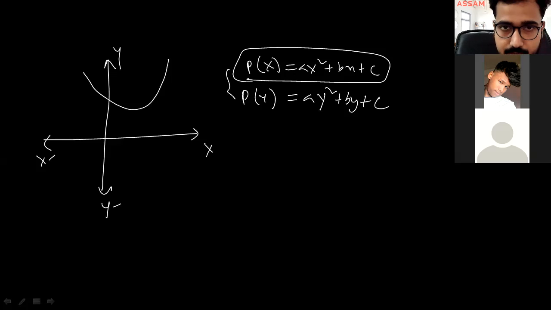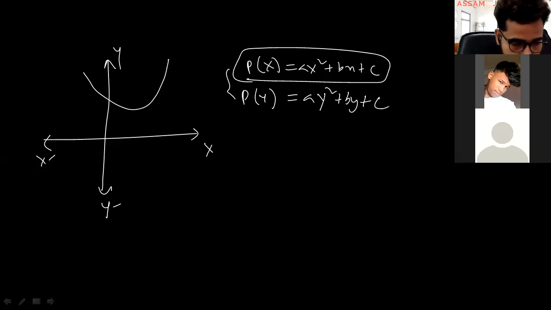Here it is also a quadratic polynomial, but here it is a quadratic polynomial of variable x, so you have to look at how many points it cuts the x-axis. But it is also a quadratic polynomial of variable y, so in this case you have to look at how many points the parabola cuts the y-axis. So clear this one?